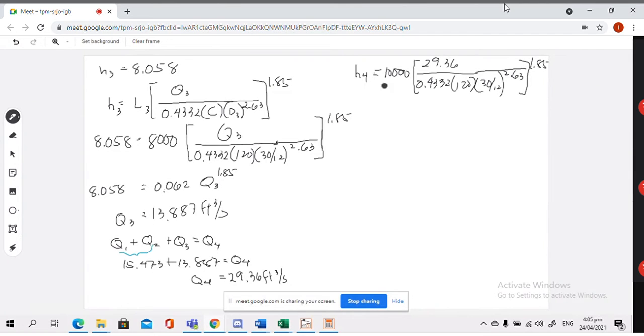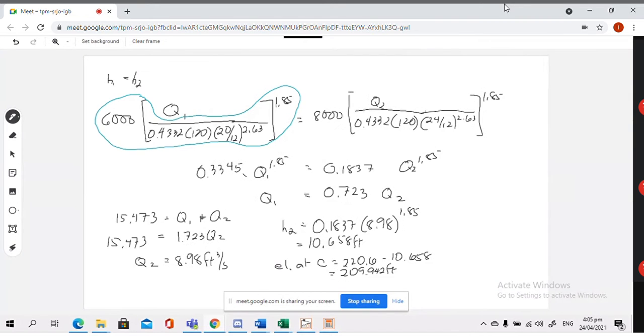So we get head loss 4, which is equal to 4.025.